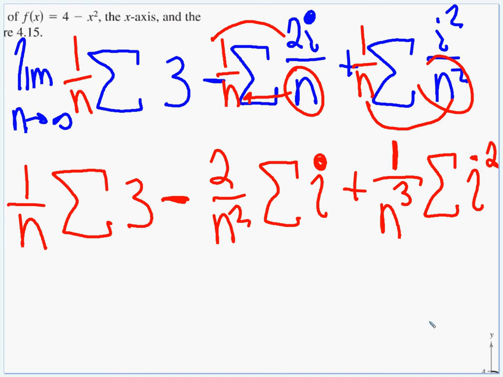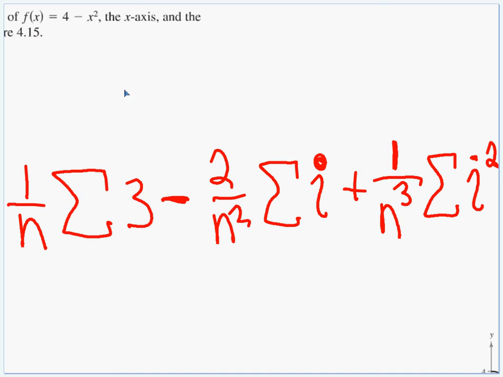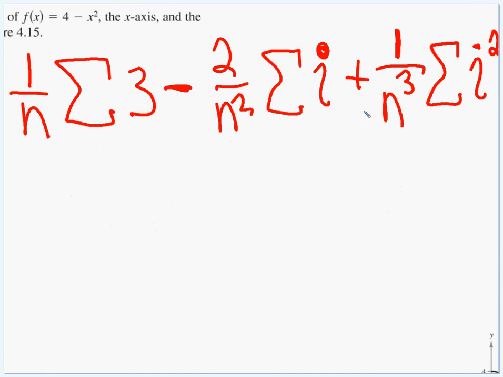I squared. Okay. And let me do this and move up. So I'm going to block this off in green ink. Our upper limit is n, so this becomes 3 times n over n.